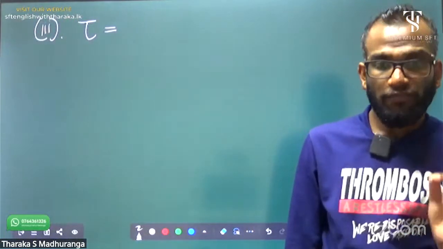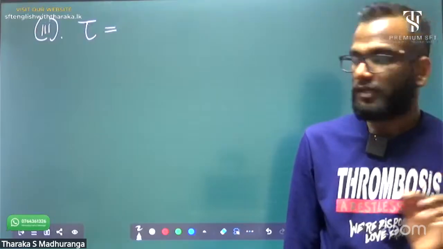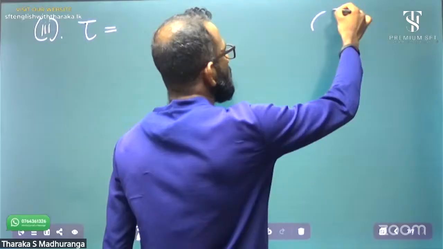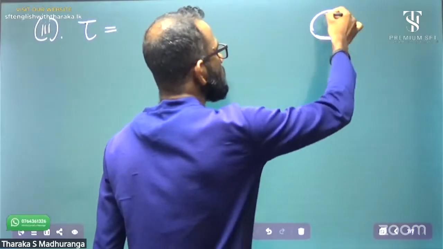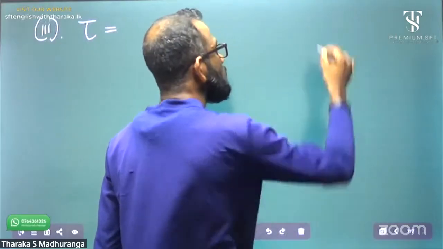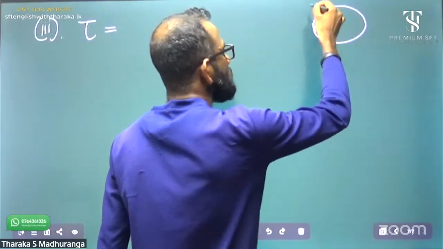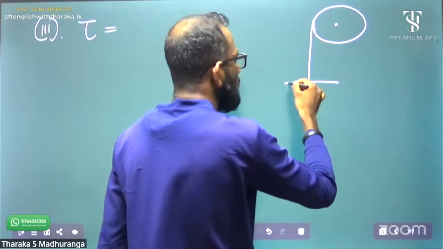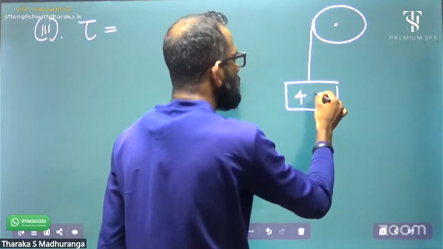Now you already know F is 4000, right? Because this is a cylinder, this is a pulley, and this is a crate. It's 400 kilogram.